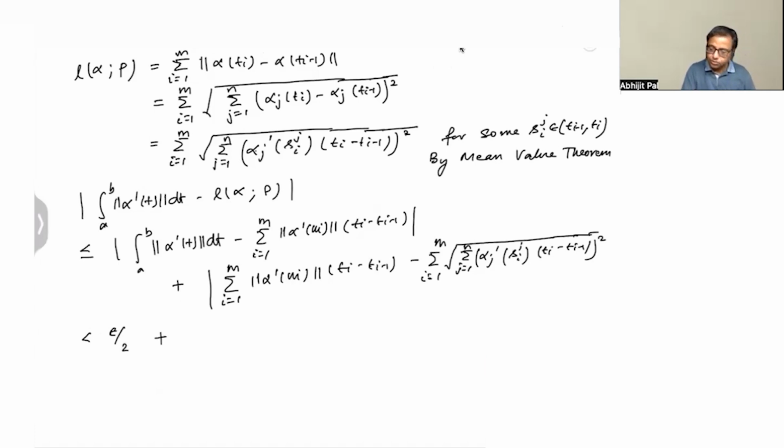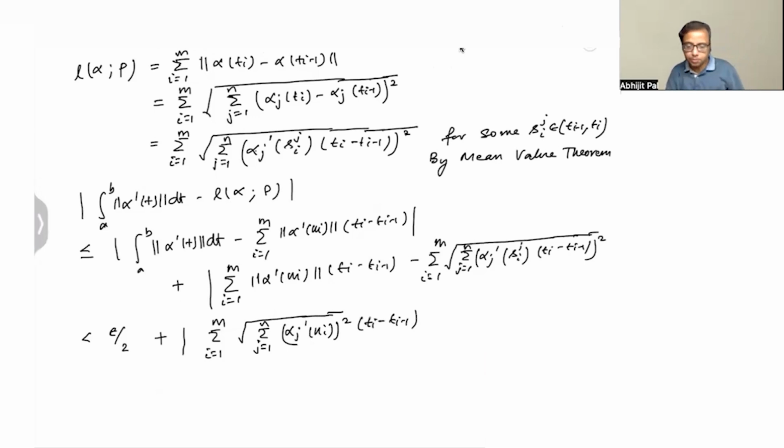And for the second term, if I take the definition of the norm of alpha prime ui, what you'll get here will be summation i equal to 1 to m, root over summation j equal to 1 to n, alpha j prime ui whole square times ti minus ti minus 1.